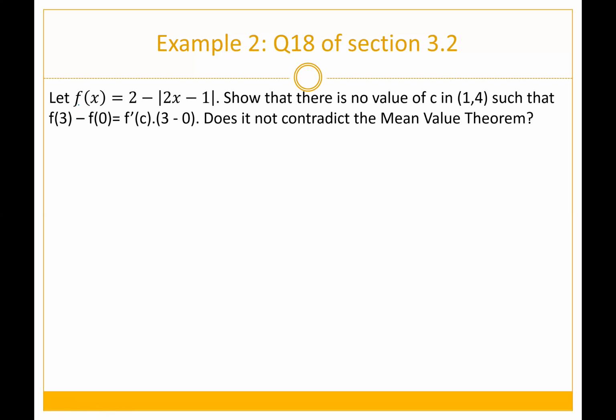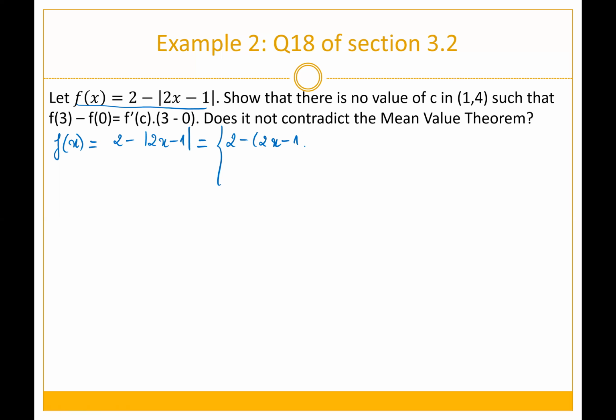But if we look at this one, is it continuous? This is a function with absolute value. So as I mentioned in exam 1, we're going to try to break it down into a piecewise function and try to determine if it's continuous or not.